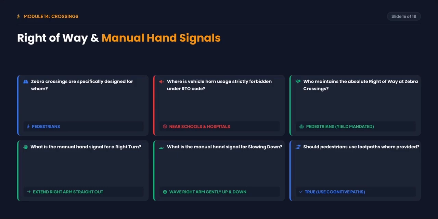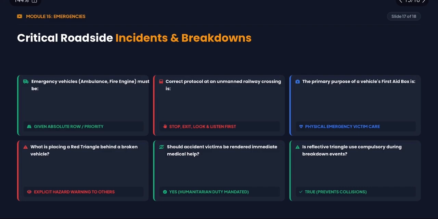What is the manual hand signal for a right turn? Extend right arm straight out. What is the manual hand signal for slowing down? Wave right arm gently up and down. Should pedestrians use footpaths where provided? True.